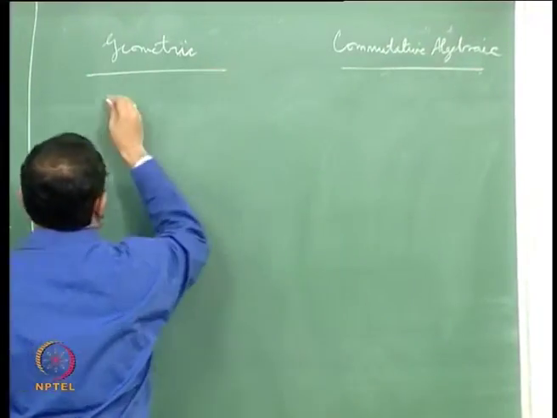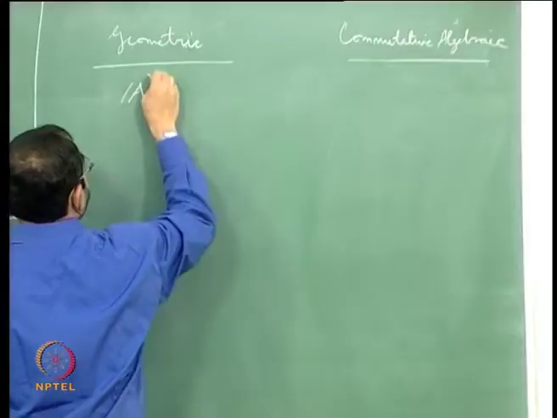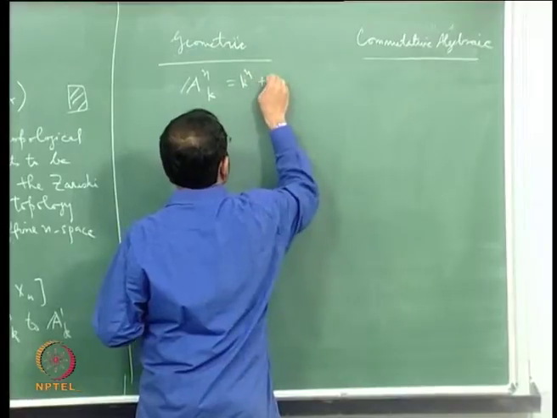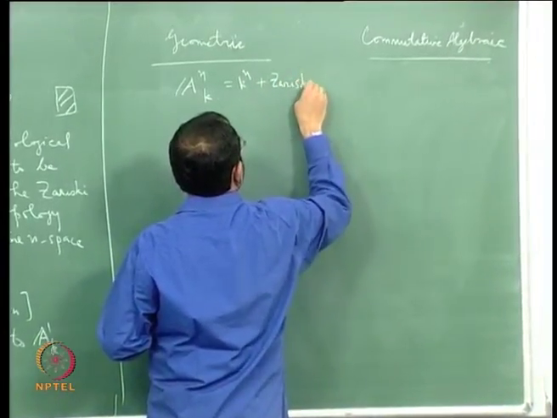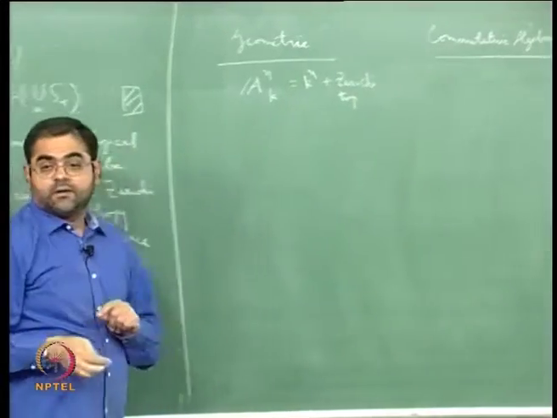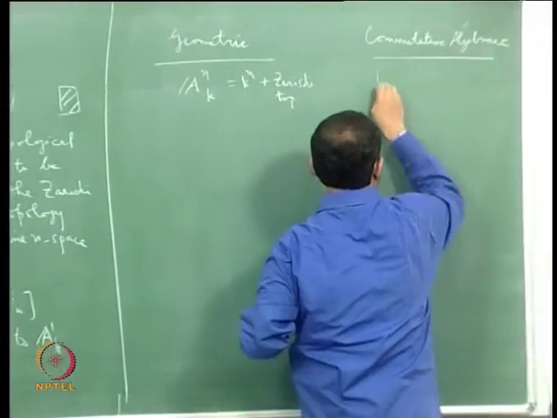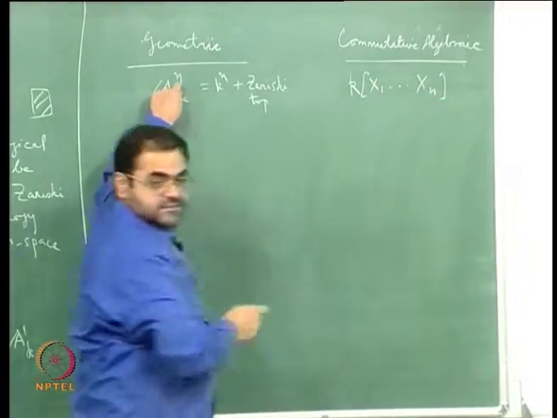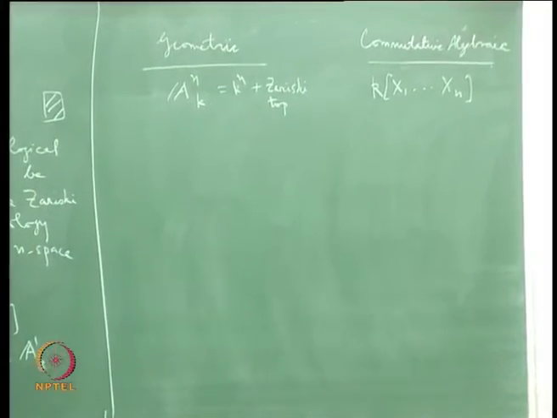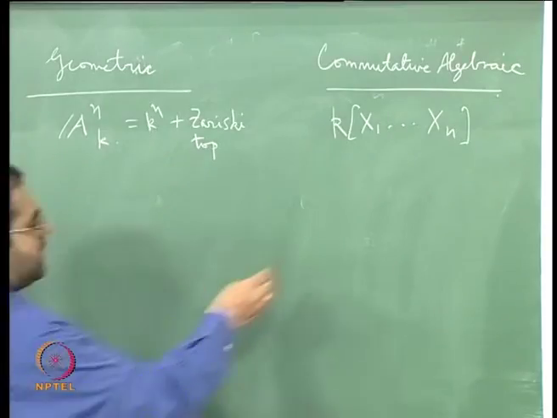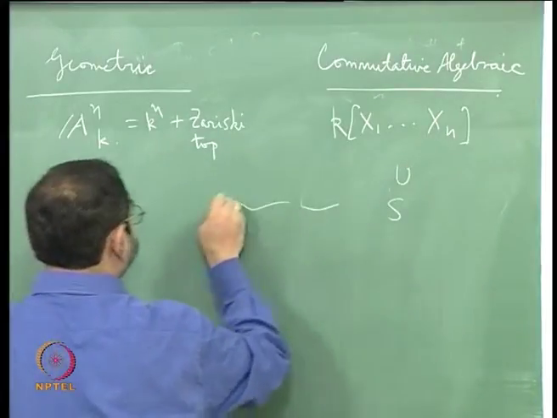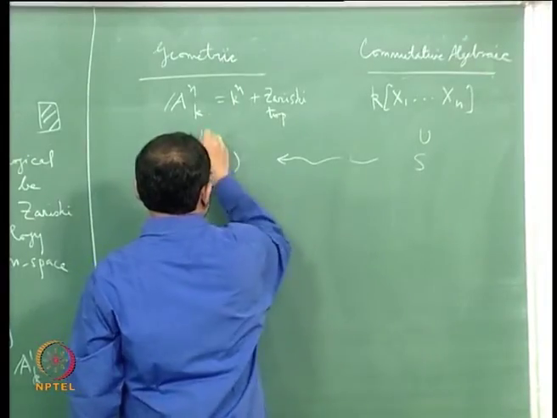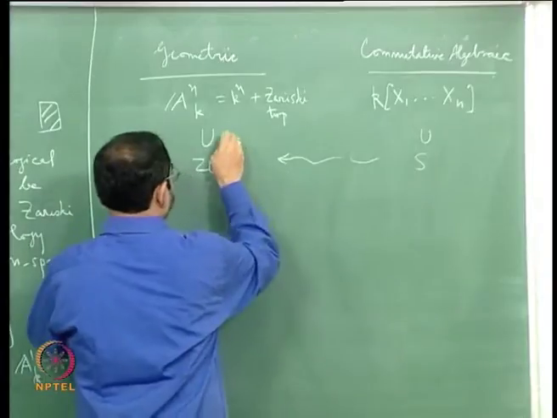On the geometric side you have A^n_K, which is actually Kn plus Zariski topology, alright, and on the commutative algebraic side you have the polynomial ring in n variables, the same n as this affine space, okay. And what we did is, well, we started with the subset here and then we associated to this an algebraic set which is a set of zeros, and this is actually closed.